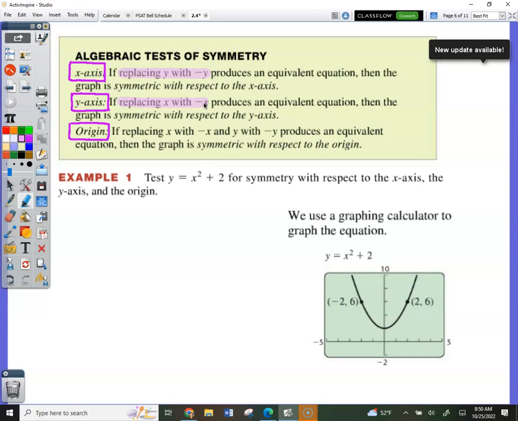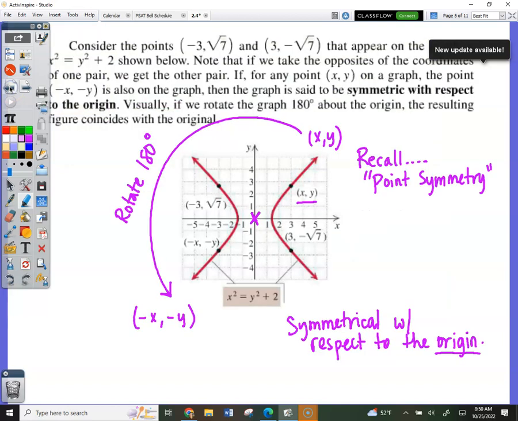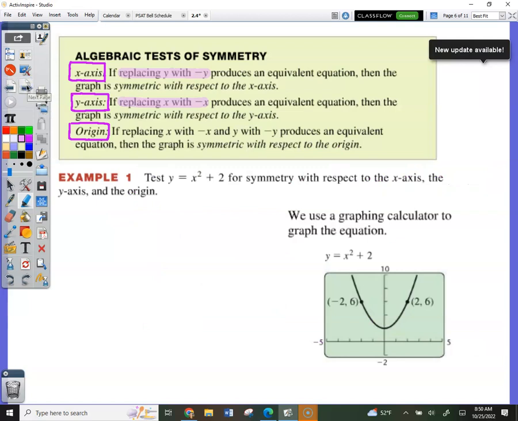To check if it's symmetrical around the origin, which is that point symmetry, you have to go back and think of the rule from geometry, the rule was negative x, negative y. Plug both negative x and negative y in and see if the equation you get is the same as what you started with. And if it is, it's symmetrical around the origin.